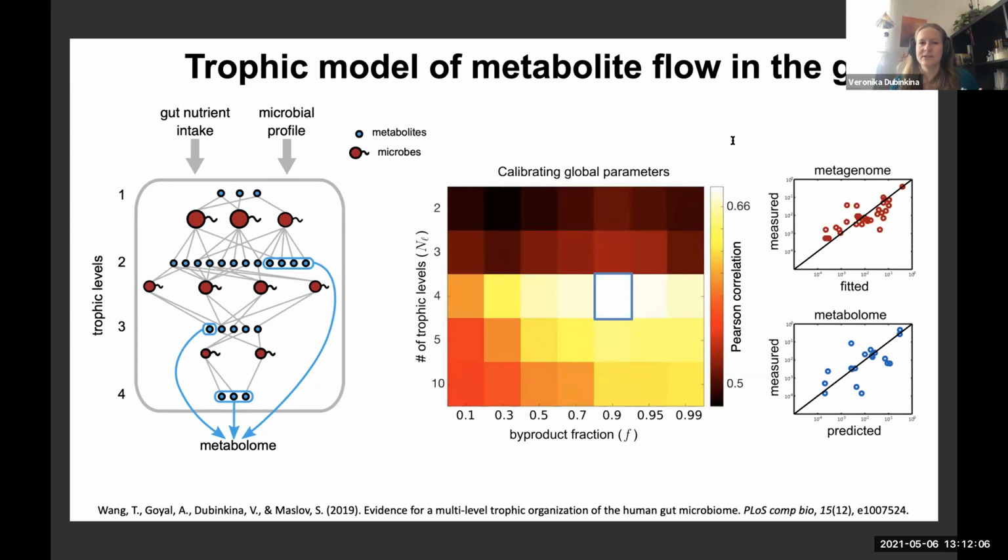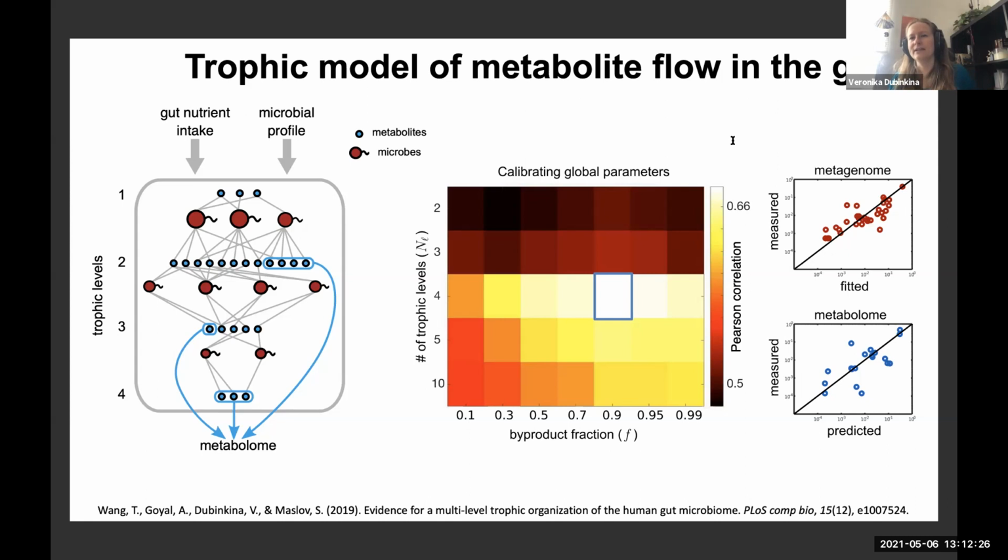And we found a sweet spot, which is 4 trophic levels and a byproduct fraction of 0.9. That gives us the best prediction when we compare our real measurements for the patients and values fitted with our model.